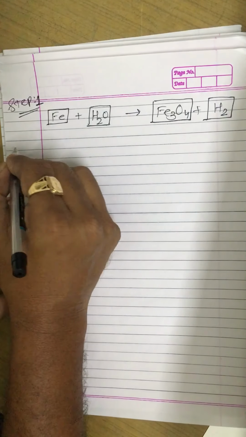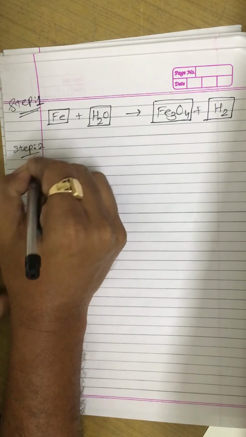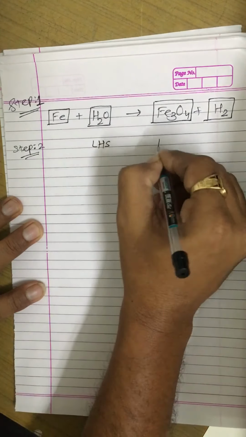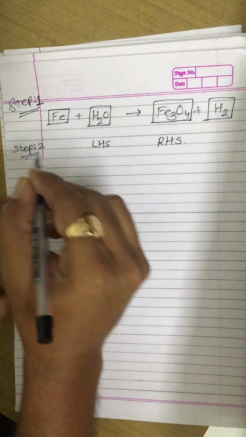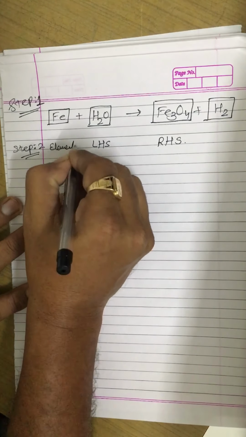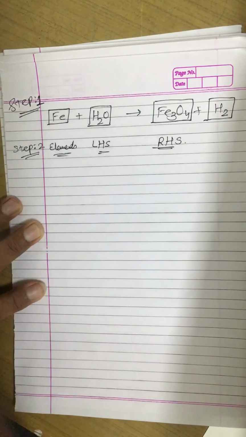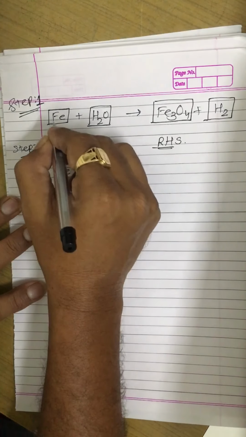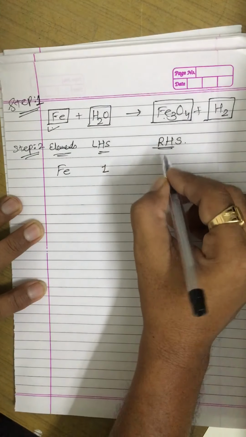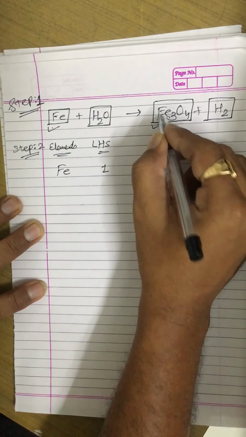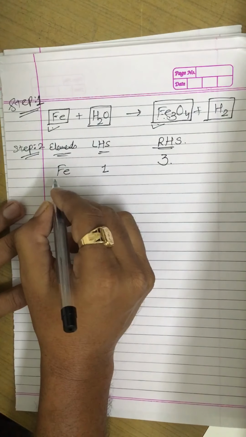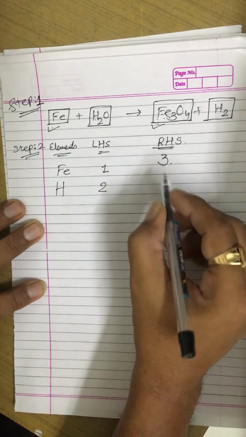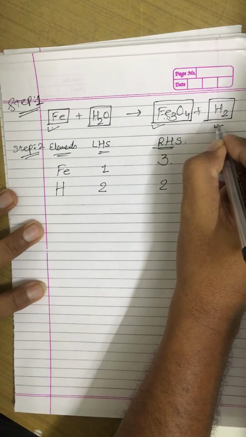Now friends, in step number 2 we have to check the left hand side and right hand side, the number of elements present in our skeletal reaction. Let's start from Fe. Fe on the left hand side is only one. As you can see, iron Fe on the right hand side is 3, right? Hydrogen is present on the left side in 2 numbers, and on the right side also it is 2.